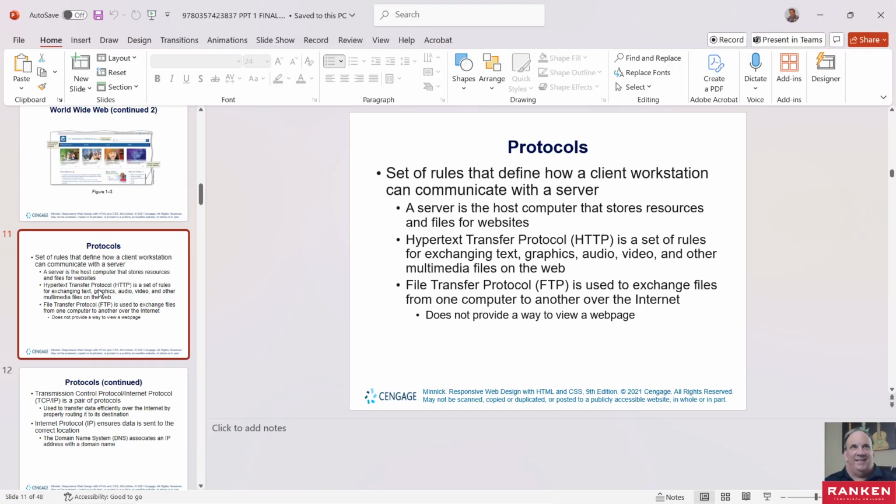It does not provide a way to view a web page. So like the file transfer protocol, as you see, it exchanges files from one computer over the internet. And so the file transfer protocol really isn't part of the web, right? It's a protocol on the internet. When we're talking about the web, we're talking about the hypertext transfer protocol, HTTP, okay?